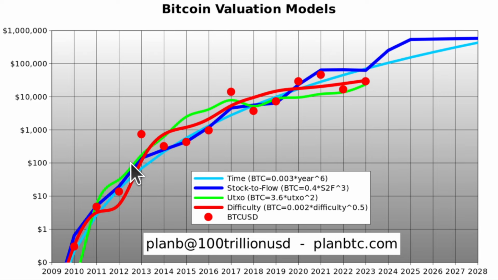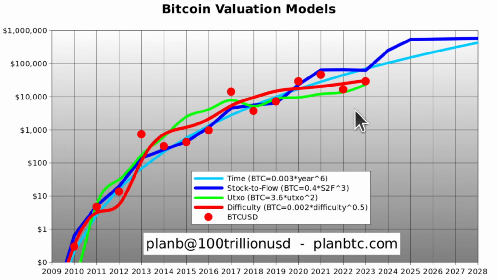You could also take the average of all the models. You could look at the ensemble, the average, which is now 47,000 if we do that for all the models. And what's also very interesting to look at is what should UTXO and difficulty be? Can those two models approach the time and the stock to flow models? And the answer is yes.